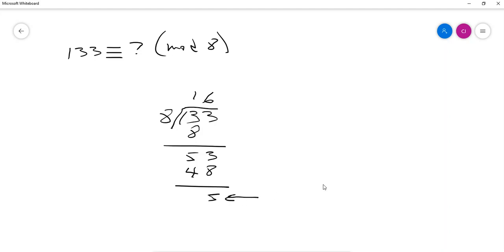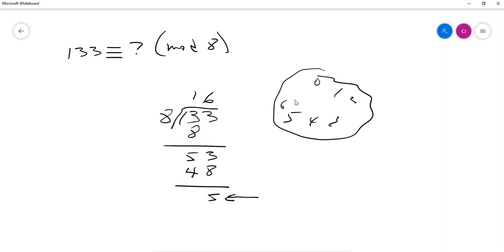There's my answer, 5. So again, if I had a mod 8 clock, 0, 1, 2, 3, 4, 5, 6, 7, and I would count 0, 1, 2, and 8, and 16, and 24, and I kept counting the whole way up to 133, 131, 132, 133, I would be right there.